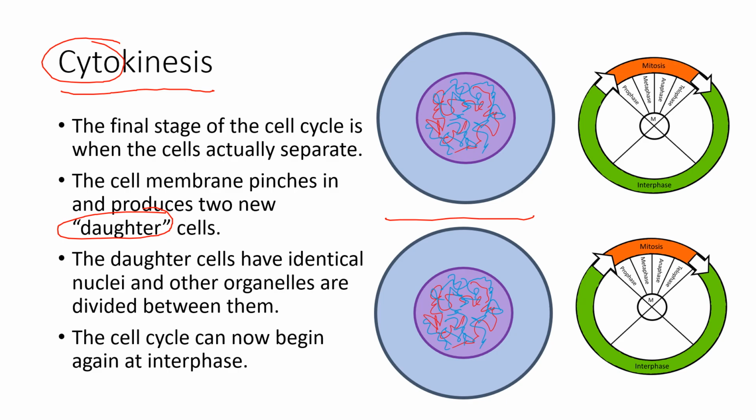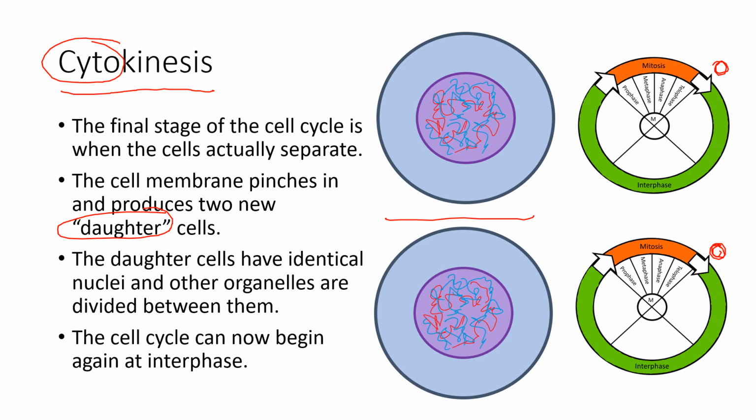And so each one of these will again start its way through its own cell cycle. It's going to be, of course, half the size of the original cell, and it's going to need to grow and replicate its DNA in order to divide again.